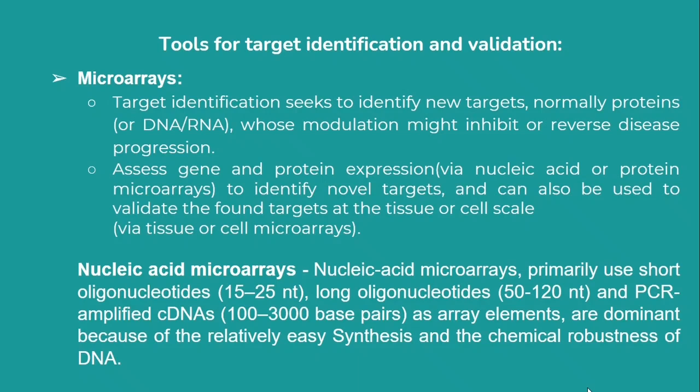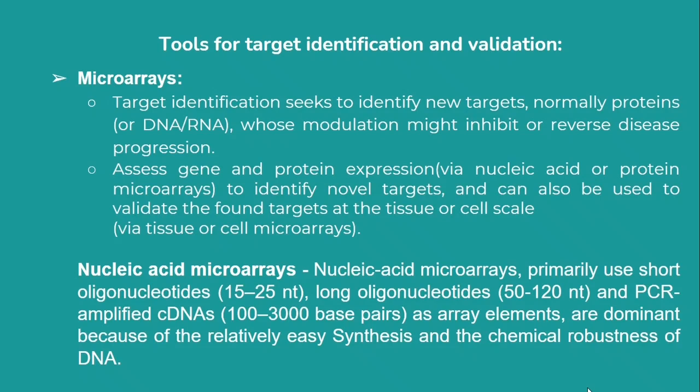In microarrays, nucleic acid microarrays, which primarily use short oligonucleotides, long oligonucleotides, and PCR amplified cDNAs as array elements, are dominant because of their relatively easy synthesis and chemical robustness of DNA. Data generated from genome sequencing projects in several organisms have provided the opportunity to build comprehensive maps of transcriptional regulation.